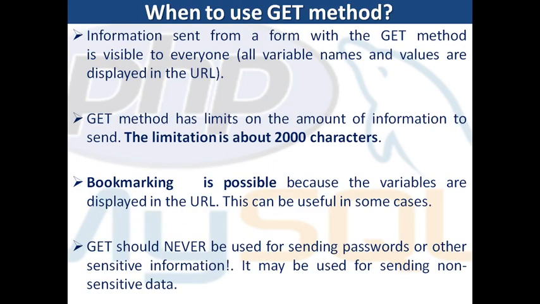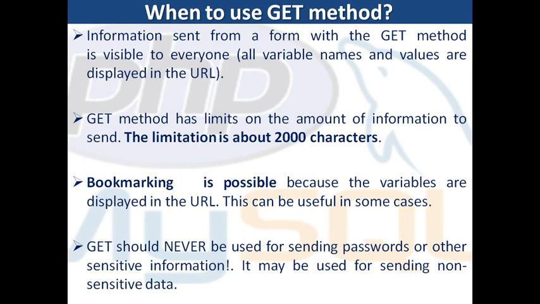When to use get method. Information sent from a form with the get method is visible to everyone. All variable names and values are displayed in the URL. So it is not secure. Get method has limits on the amount of information to send. The limitation is about 2000 characters.